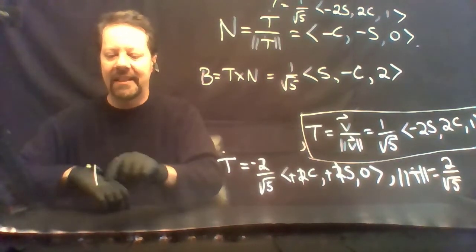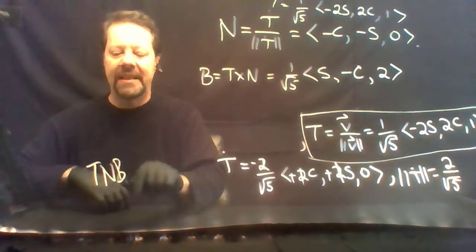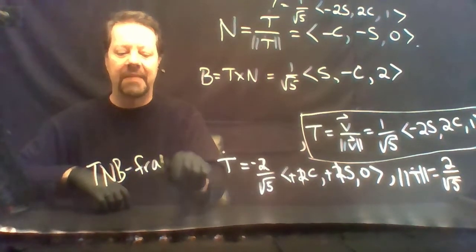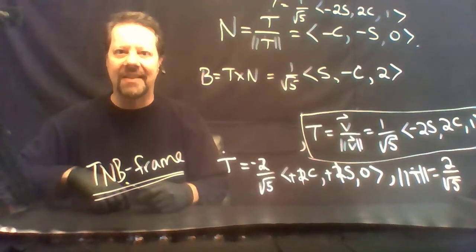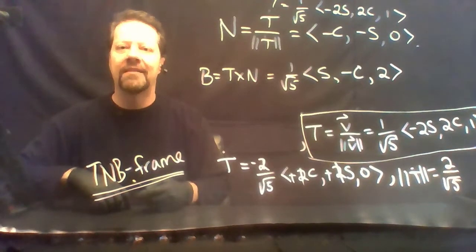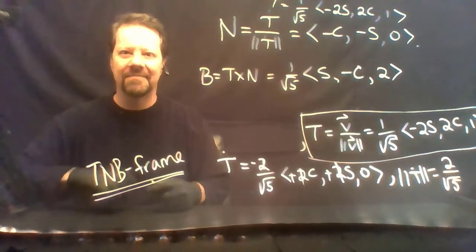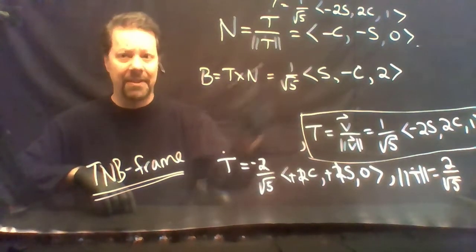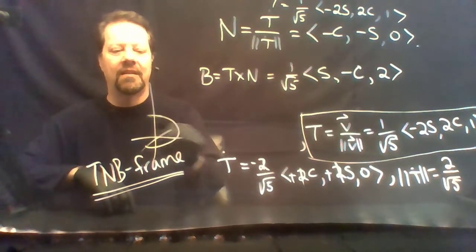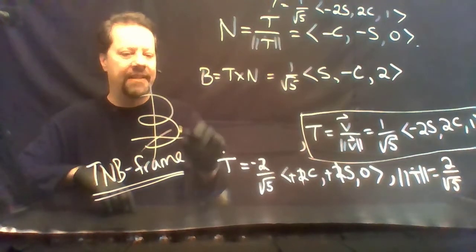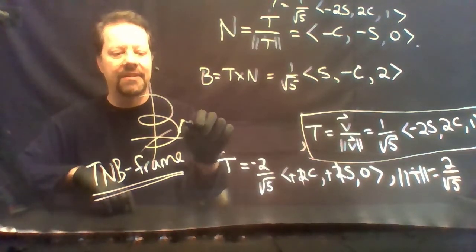We call this the T N B frame. I will ask you on the exam to find the T N B frame for a given curve. For this particular helix, we have the tangent vector, which is tangent to the curve.